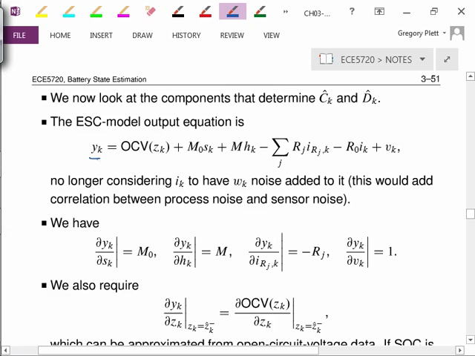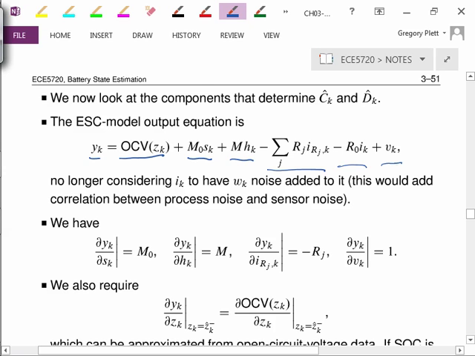It says voltage equals the open circuit voltage function evaluated at the present state of charge, plus the magnitude of the zero-state hysteresis times the value of zero-state hysteresis, plus the magnitude of the analog hysteresis, if you will, times that hysteresis state, minus the diffusion and minus i_k times R_0, and then plus a sensor noise.